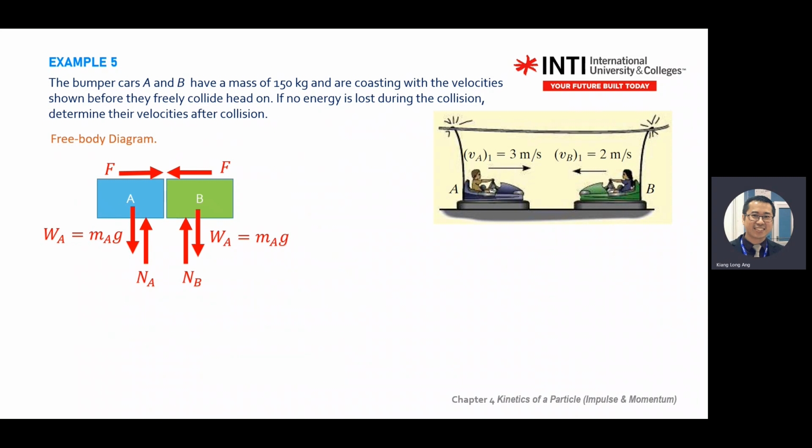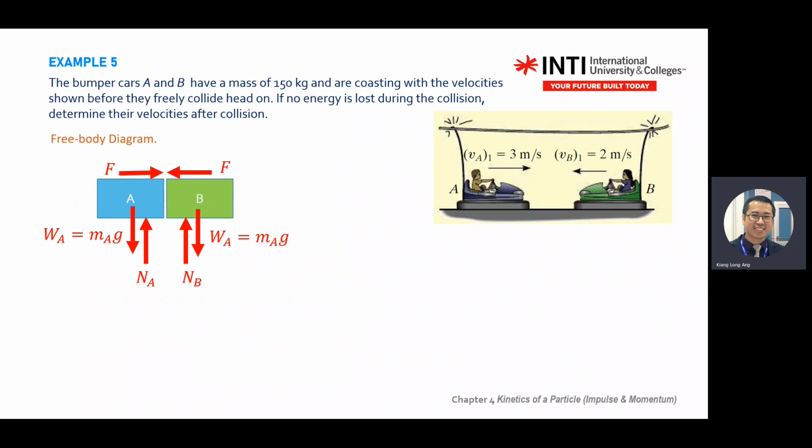Again, you bang someone, you feel the force pointing to you. So you see two forces acting here, and you have to read them correctly. The force on the right here is for A. This force here on the left is for B.